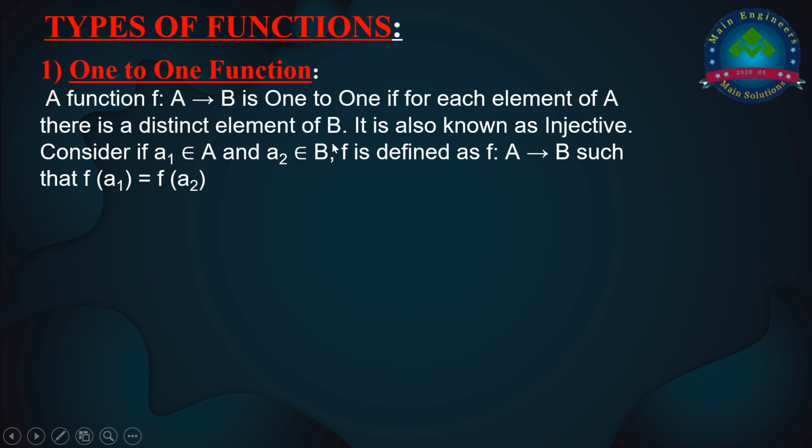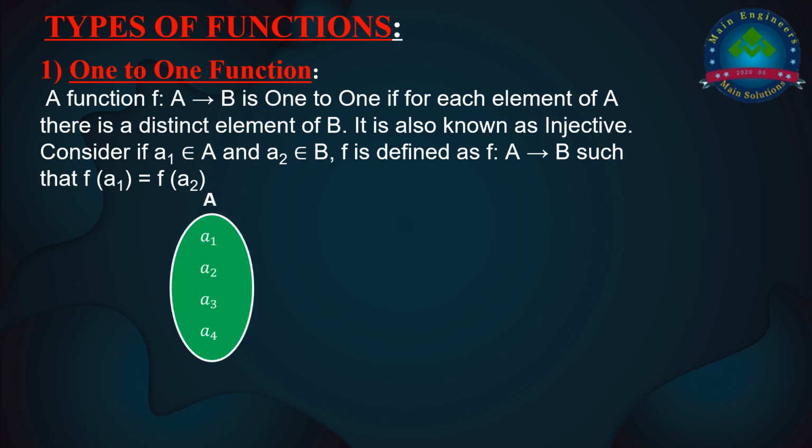So let's give an example. Consider a1 is a member of set A and a2 is a member of set B, then f is defined as a function f: A → B such that if f(a1) is equal to f(a2), that means each member of A has a distinct output in set B. So those type of function is called one-to-one function. Let's give one more example.